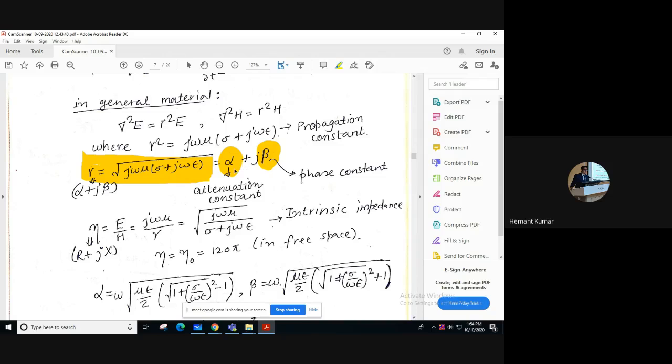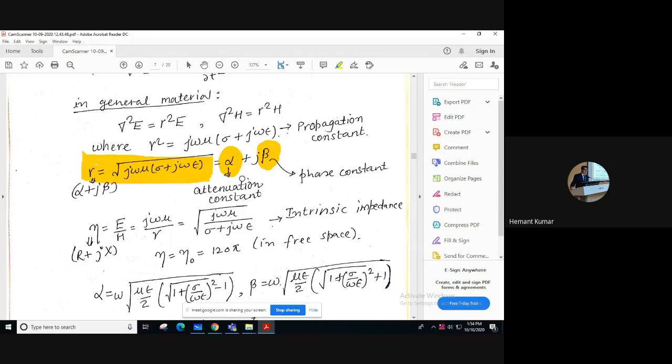And if alpha is equal to 0, it means there is no attenuation, so the EM wave will propagate without any attenuation. The amplitude of the E wave and H wave will remain constant, right?